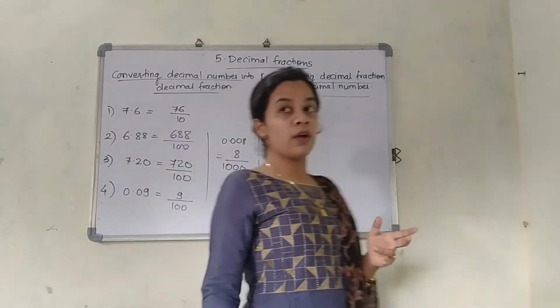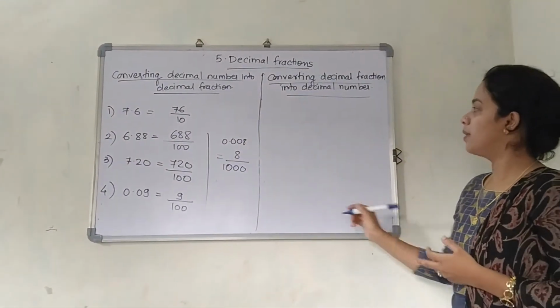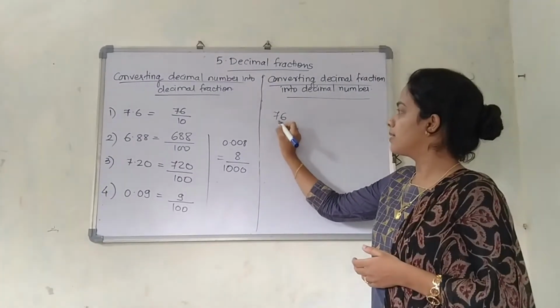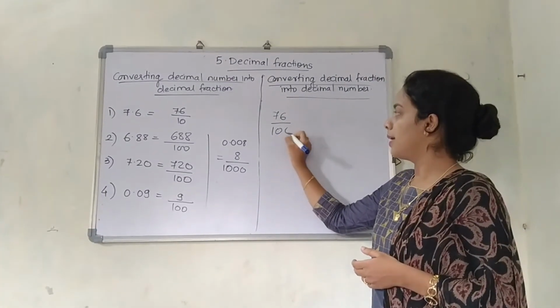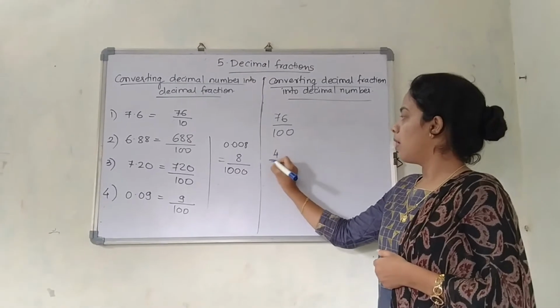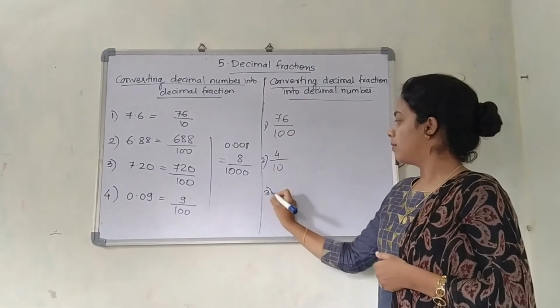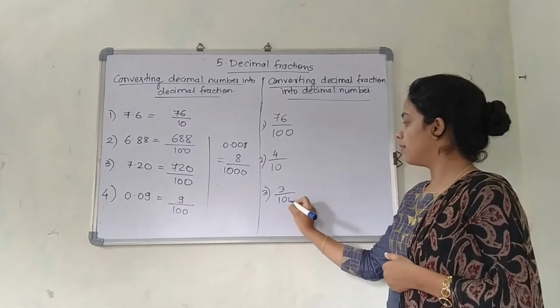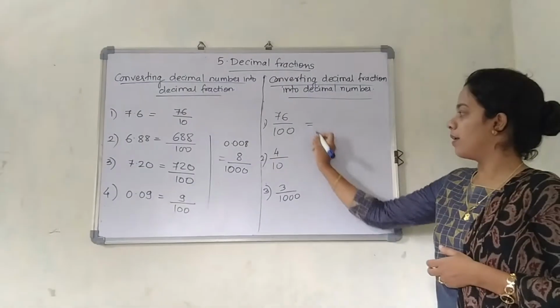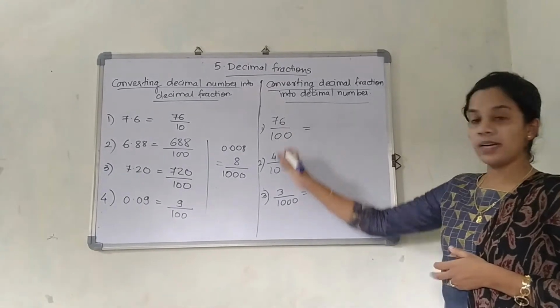Now we are going to convert the decimal fraction into a decimal number. For example, you can take 76 upon 100, 4 upon 10, 3 upon 1000. Now see how we are going to convert them. These are decimal fractions.